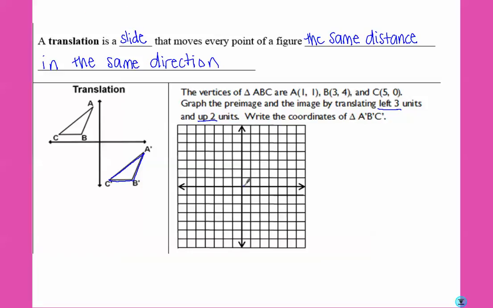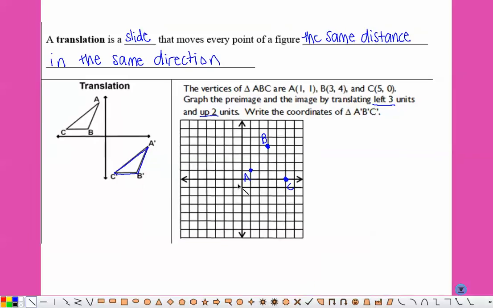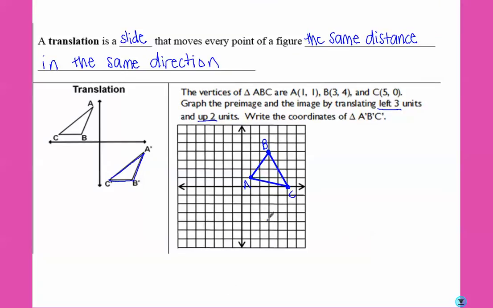So start by drawing our first triangle. 1, 1 is A, 3, 4 is B, and 5, 0 is C. So there's my pre-image.